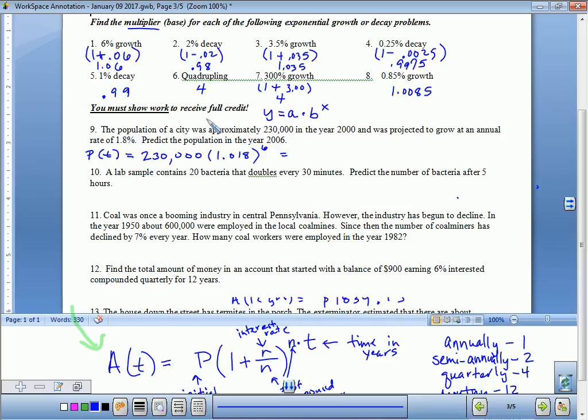So with exponential growth, we would round down. With exponential decay, how do you round? Up. Okay, so this is growth, so we would round down, and the answer to this is approximately 255,984 people.